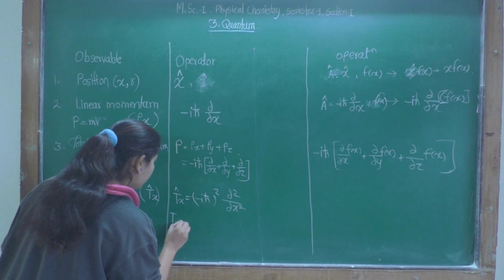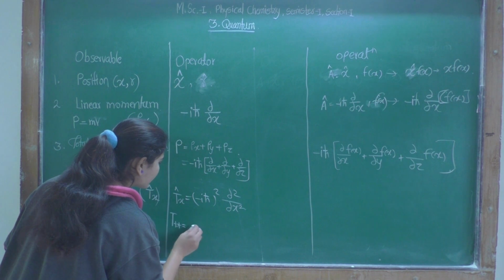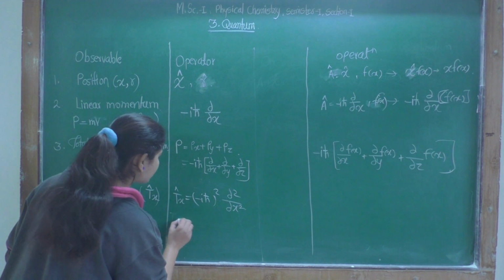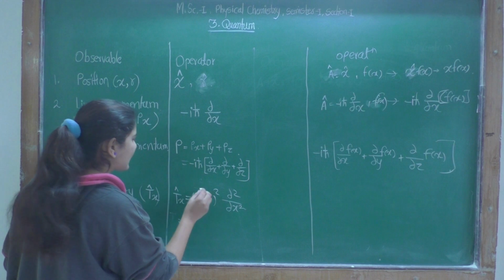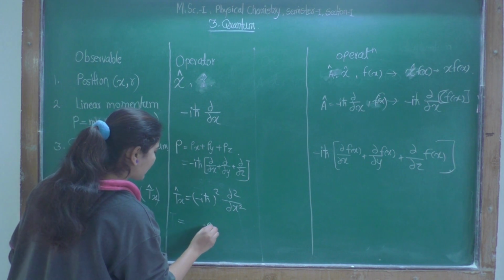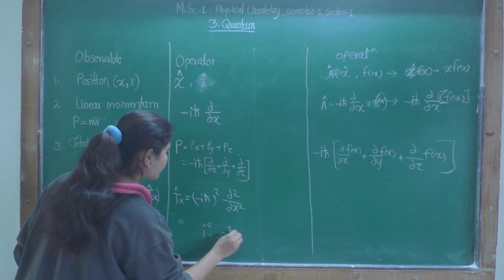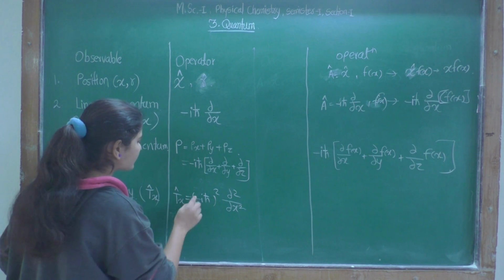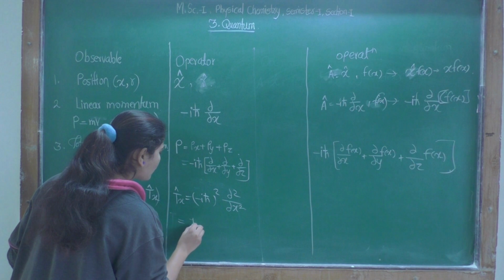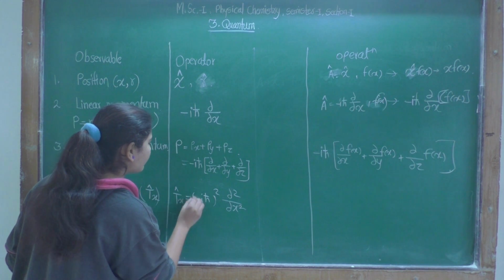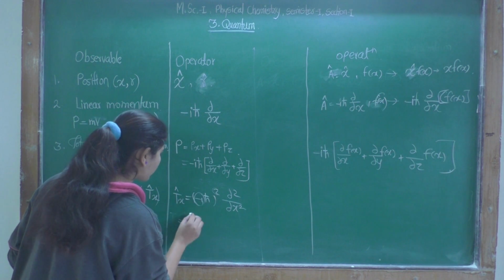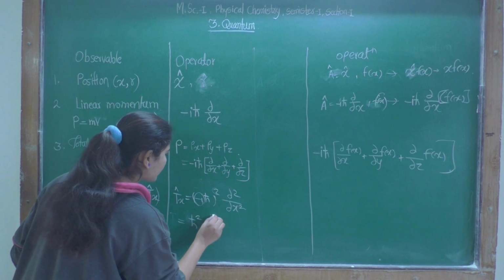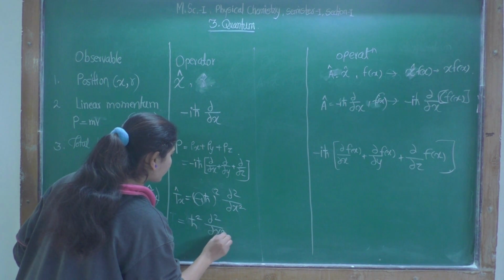Let's further simplify this. What is i square? i square is root minus 1 square, which equals minus 1. Minus minus becomes plus, so only h cross square del square by del x square remains.